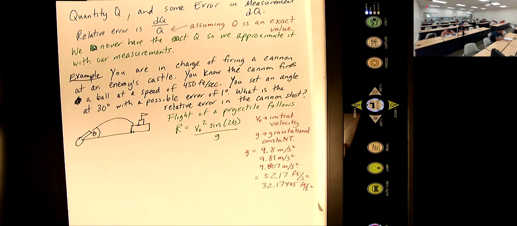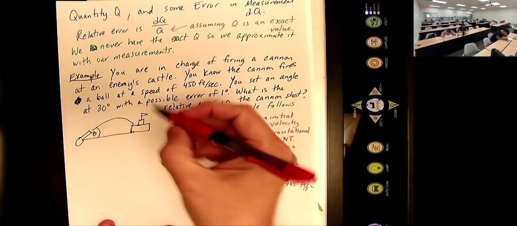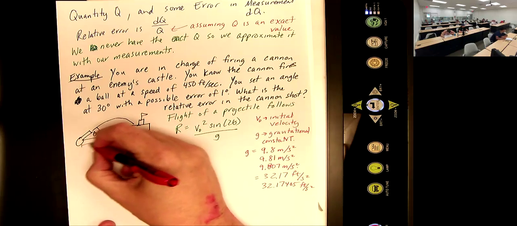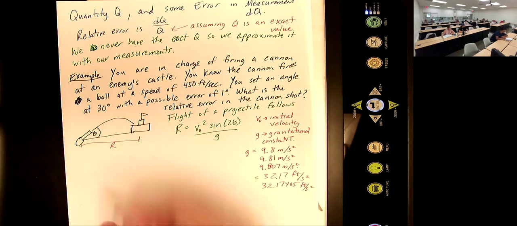And so how does that match up with our picture? Theta is obviously there. This distance here is R, or shot range. R is for range.